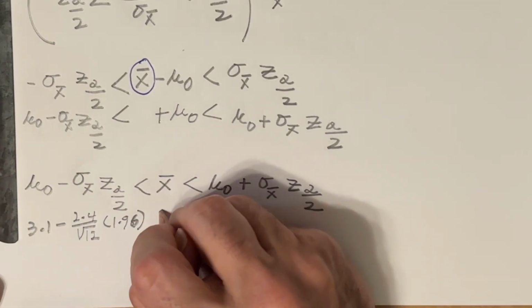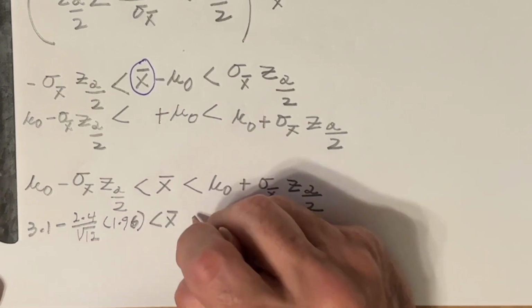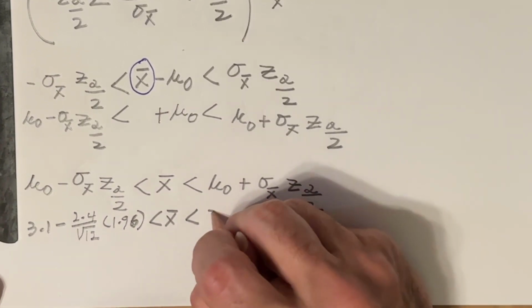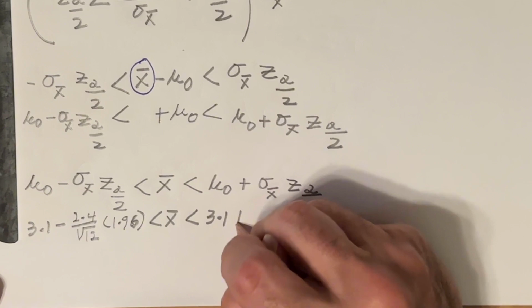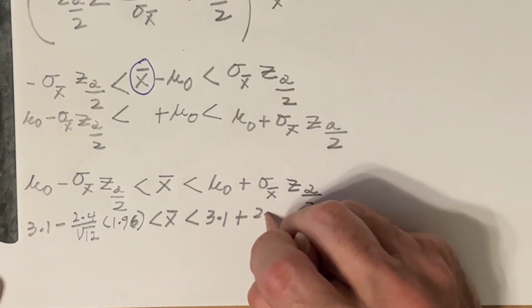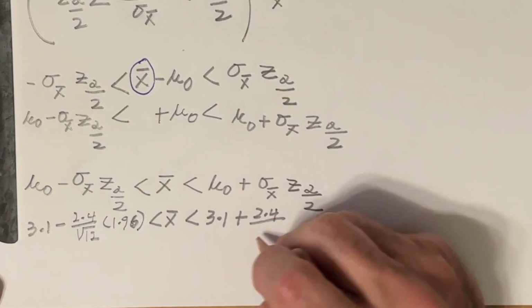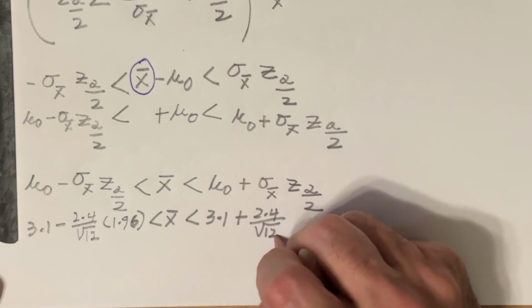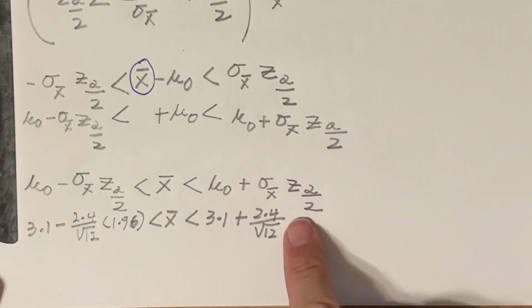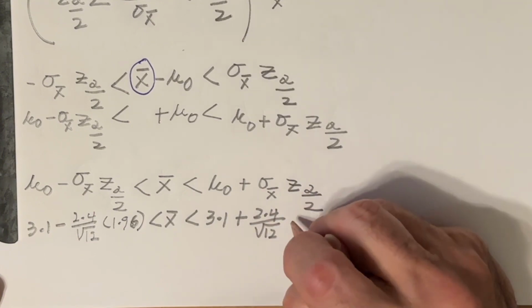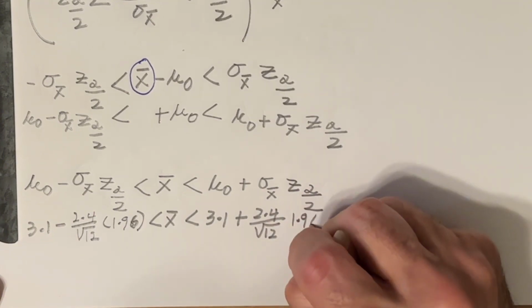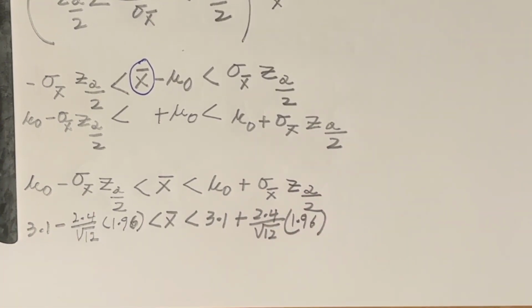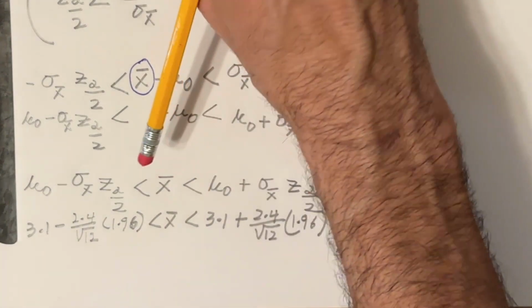And here we have x bar. And here we have 3.1 plus 2.4 divided by root 12 times z sub alpha over 2, which we already discovered was 1.96. So I put it all in one shot just to make my life really easy. And now I'm going to grab my calculator.